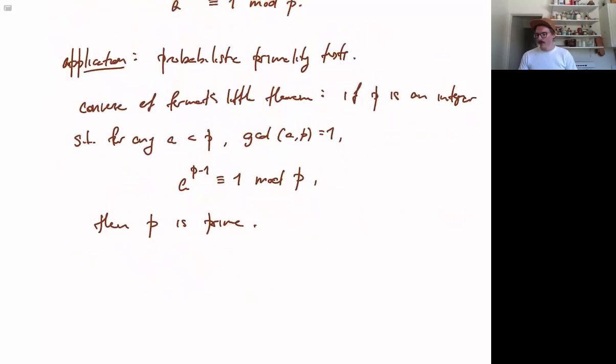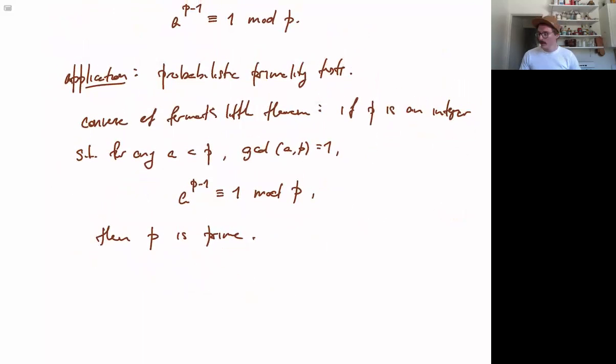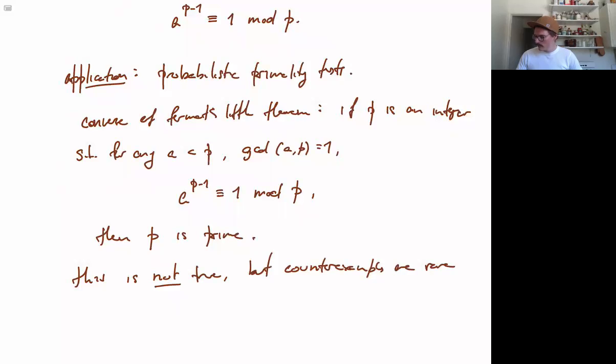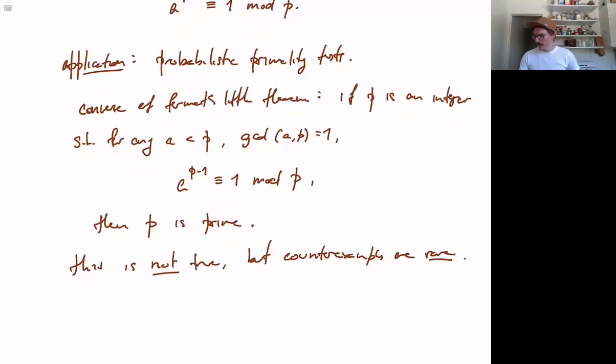So how does this give us a probabilistic primality test? Well, the fact is that this is not true, but counterexamples are rare. So this gives us a way of testing whether a number is likely to be prime: take some number A, raise it to this power, and see if it's congruent to 1.